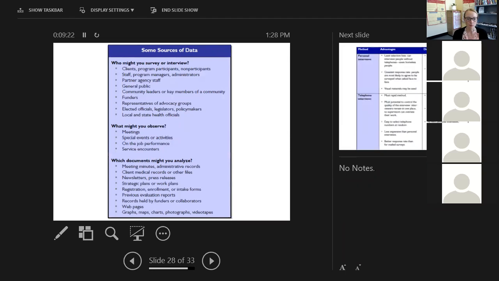You also can maybe, and this might be applicable to you when you're on placement and observing, join a program meeting and observe what people are saying in that meeting. Are staff complaining about how inefficient it is, or how the recruitment's been slow?